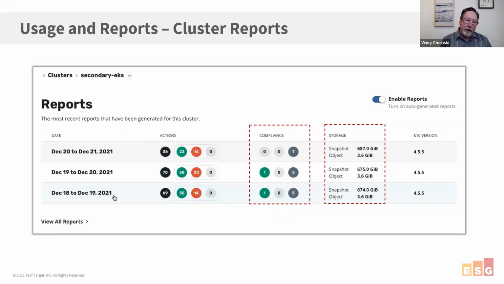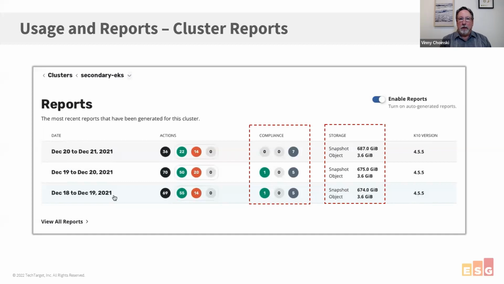On the left side, you see the actions happening for each of the backup windows that we captured, December 20th at this point when we did the report, and then whether or not you're falling into the compliance you described, and then storage utilization trends. I think visibility matters: if you're not compliant with your SLAs, then you're not going to recover, right? And being able to see the storage piece at a glance is important, because if you see drastic changes, you'll know that something may be wrong with your backup.